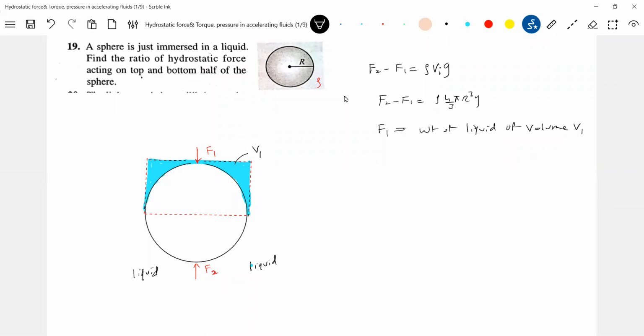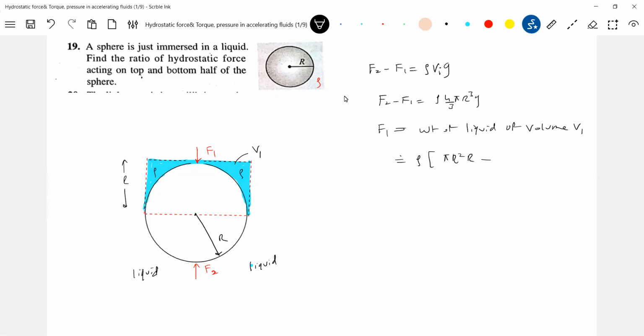Can we calculate that volume V1? We know this is height R. The density of liquid will be rho. Rho into pi... So this will become like a disk of radius R and thickness R, so pi R square into R, minus.